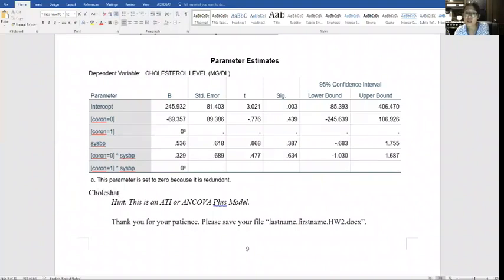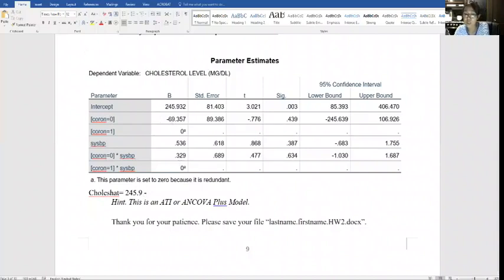Cholesterol hat equals, what is the y-intercept? 245.932, so 245.9 rounded, plus or minus. Coronary incident, zero group is no group, so no group is the focal group.